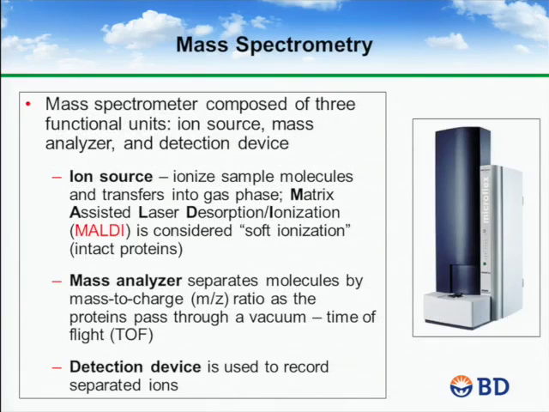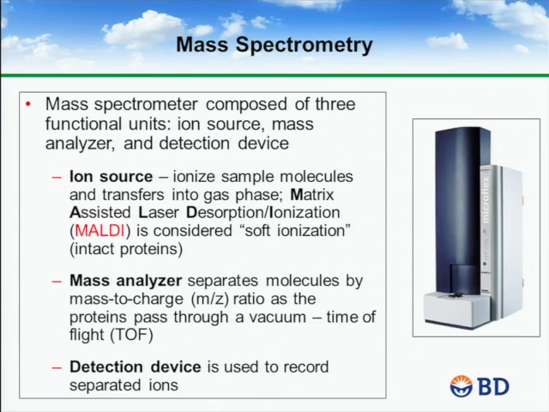Now, the mass spectrometer, just to sort of put it in perspective, really consists of 3 functional units: a source of ion, a mass analyzer, and a detection device. The ion source ionizes the sample and transfers that to a gas phase, which is then going to be measured by the instrument.